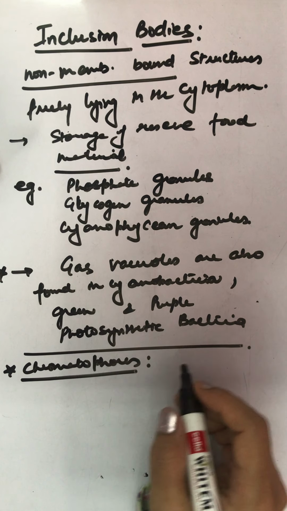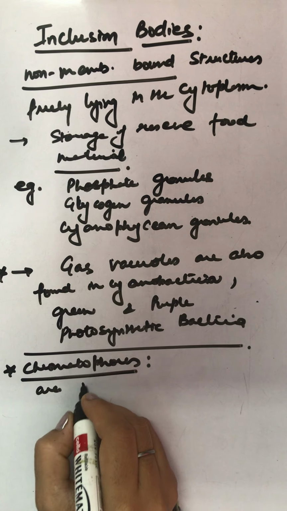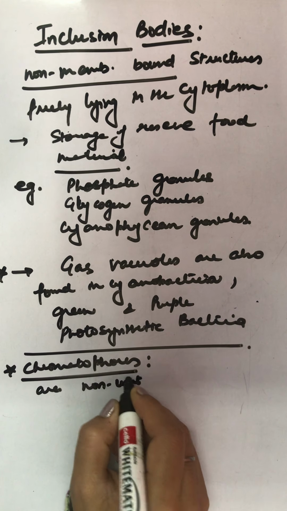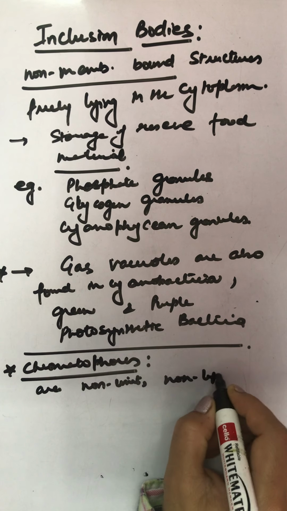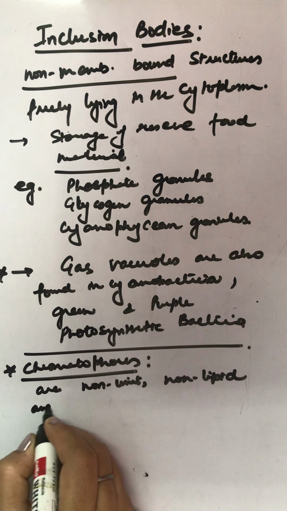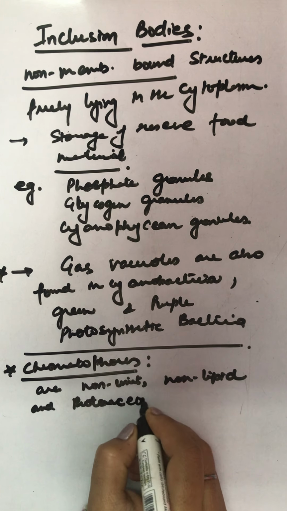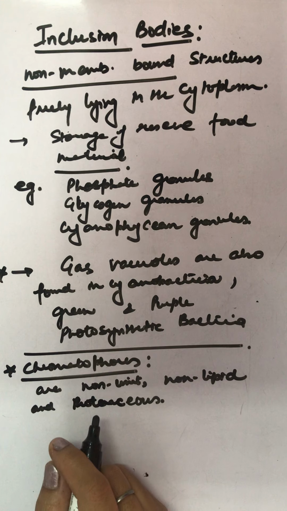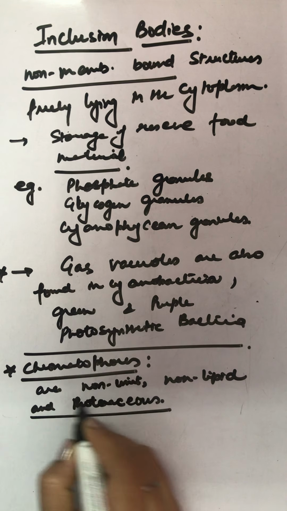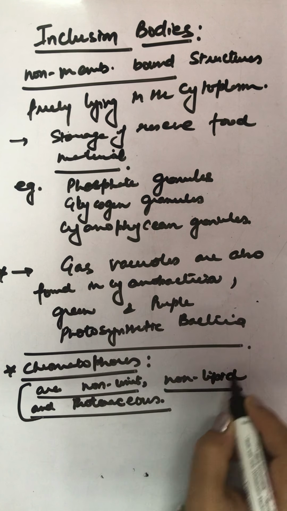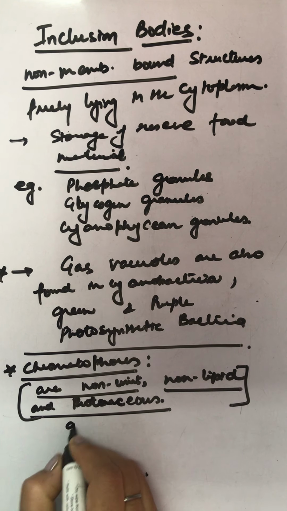They are typically non-unit, non-lipid and proteinaceous. They are in this form, especially when they are present in the green bacteria.